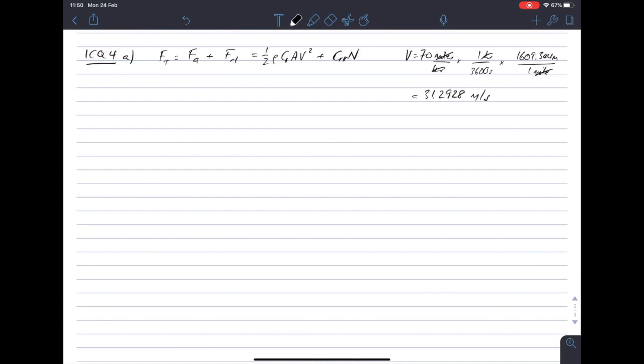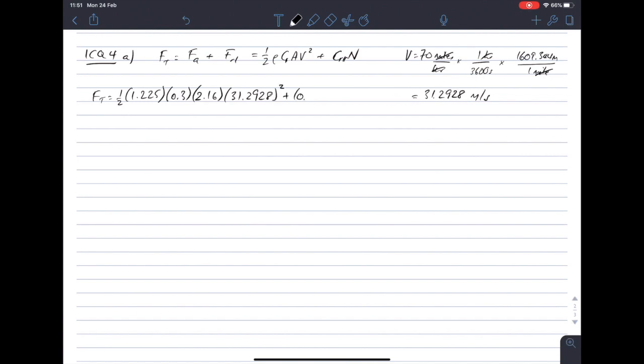And so, let's plug the various numbers in. Ft is 1/2. Rho, we've been told, is 1.225 kilograms per meter cubed. We've got a coefficient of drag of 0.3. We've got a frontal area of 2.16. And we've got velocity of 31.2928 squared.